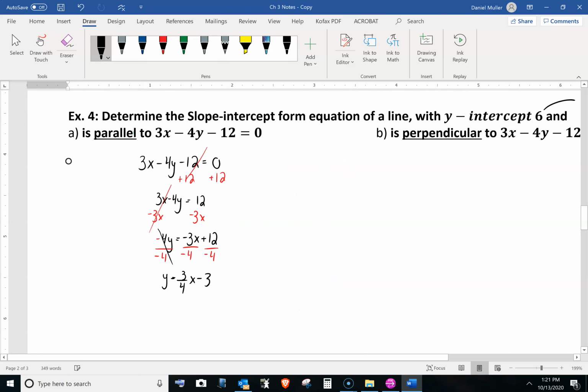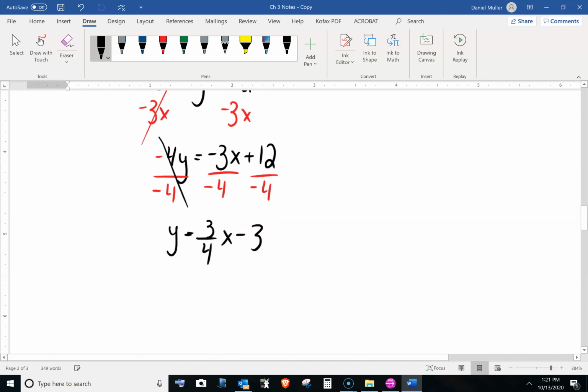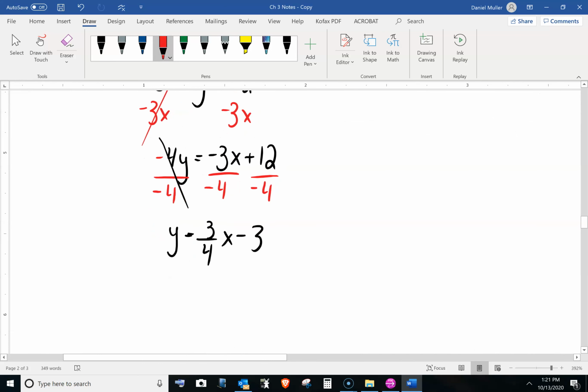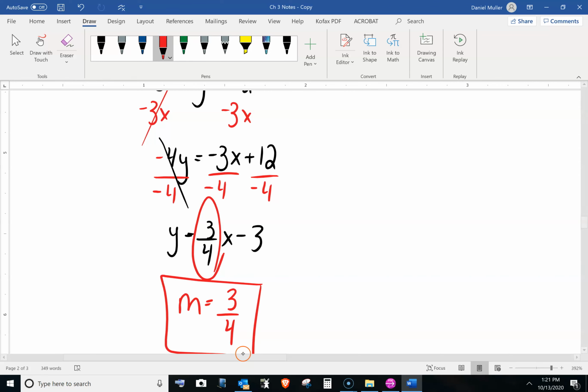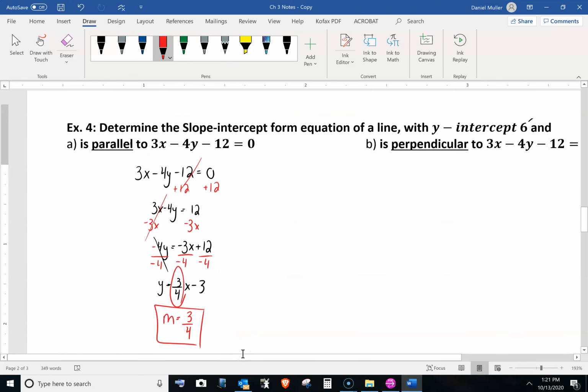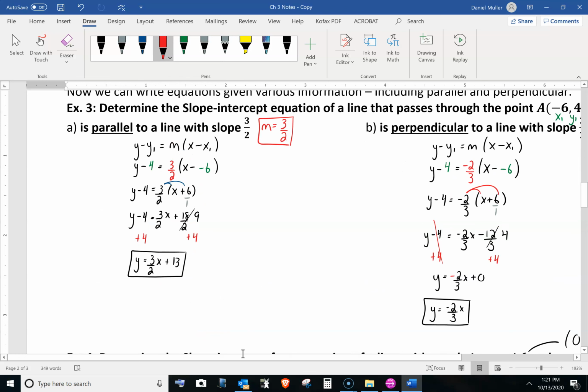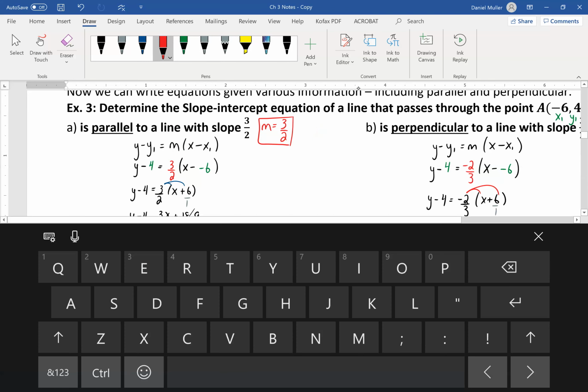Okay, so it's parallel to this. If it's parallel, we know that our slope, this is our slope, our parallel slope would be 3 over 4. All of that work. So in the first question up here, we just quickly wrote it. Oh, parallel, 3 over 2. Here, I couldn't do that.